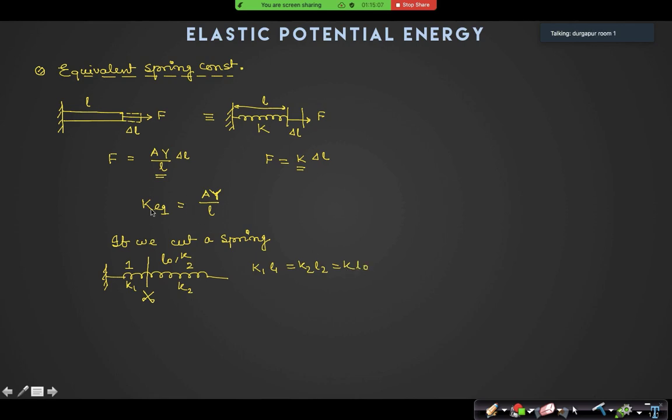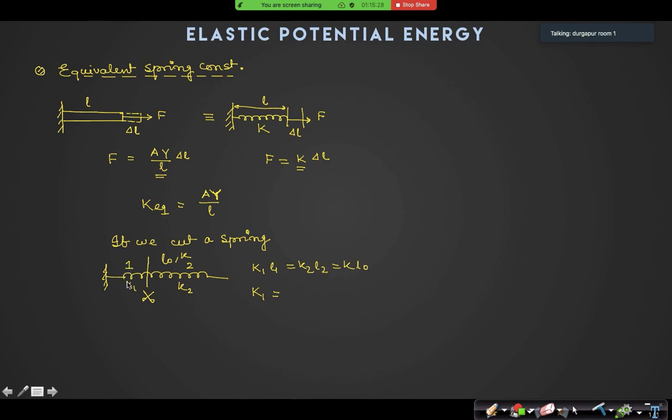Spring constant into natural length is equal to A into Y. Area and Young's modulus are constant for this material, but lengths and spring constants are not constant. So K1 is equal to, what is L1?